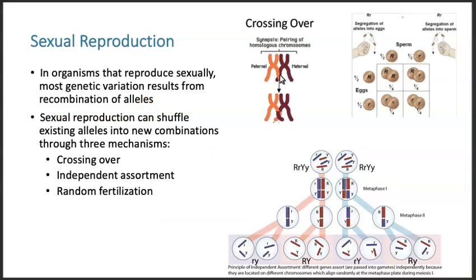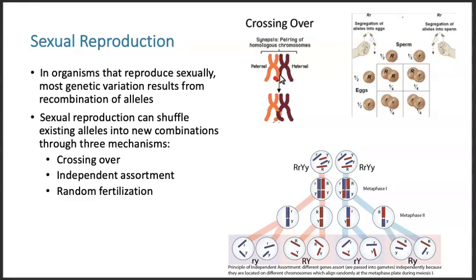Last but not least, let's talk about how sexual reproduction actually increases variability among the offspring. This is a reminder. Hopefully you remember this from the chapter that we covered on meiosis. We do get increased variation with sexual reproduction due to crossing over, right?